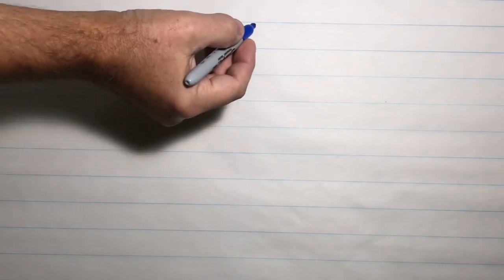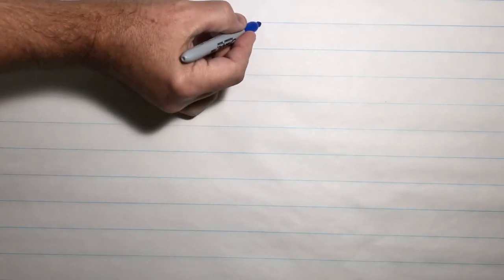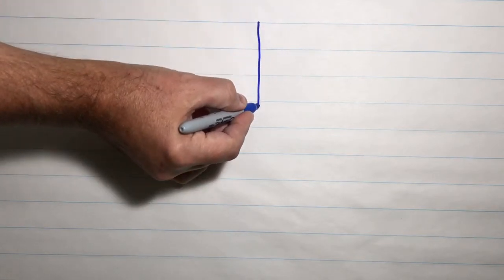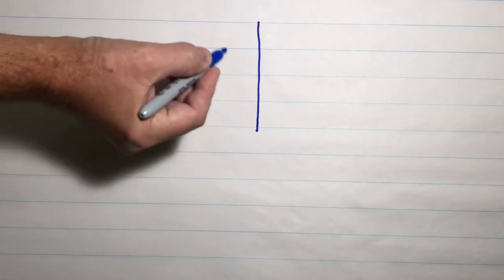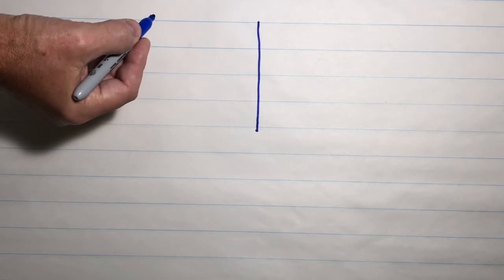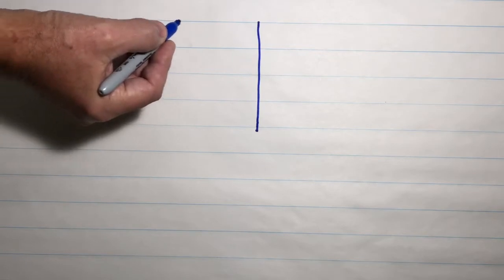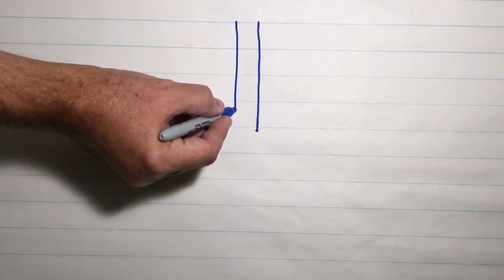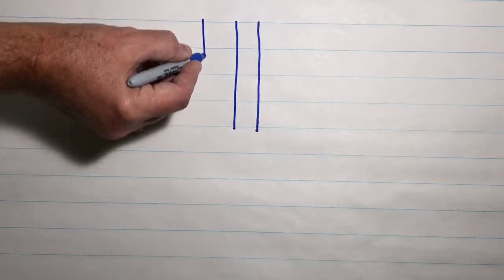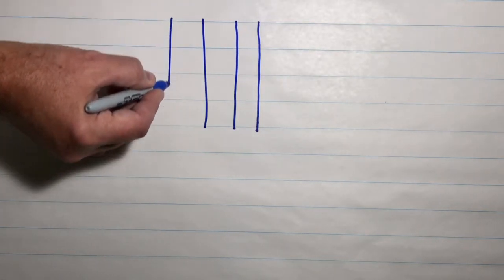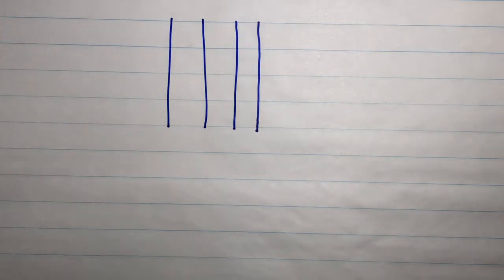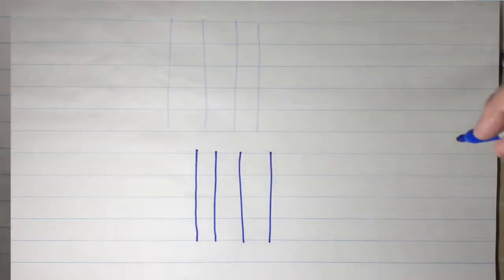All right, so we're going to start with a vertical line, and a vertical line goes straight up and down. Can you draw one vertical line? Now we'll draw another one next to it, and another one, and another one. Now we have 4 vertical lines.